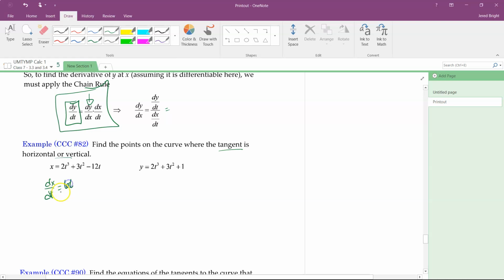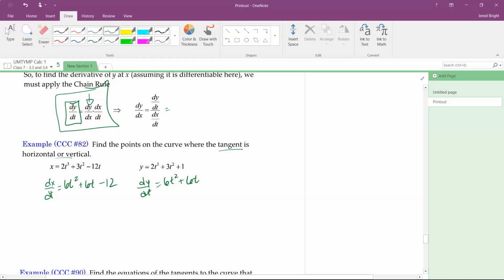Regardless, if we differentiate with respect to t, we just have to use the product rule or the power rule: 6t squared plus 6t minus 12. Doing the same thing with y, dy/dt is 6t squared plus 6t.